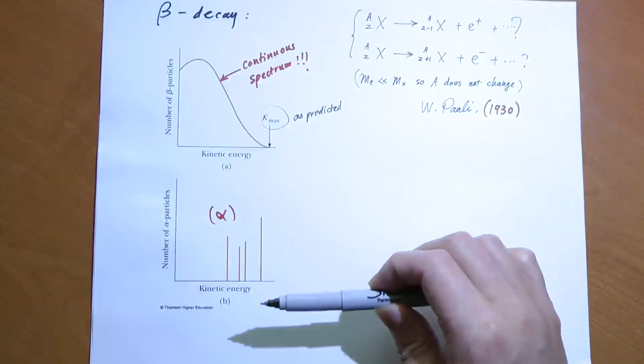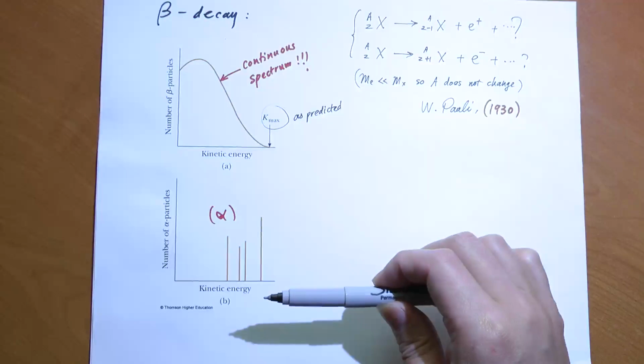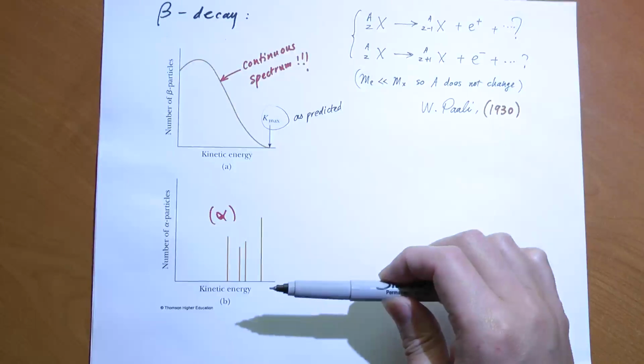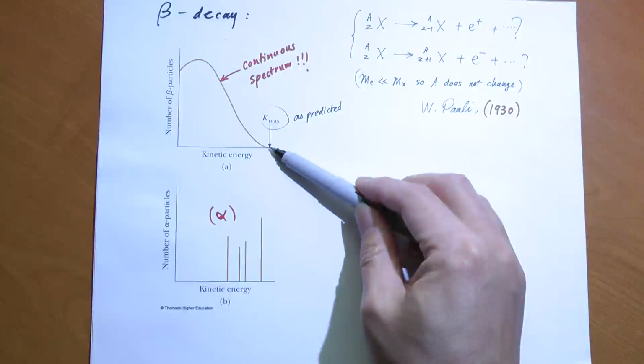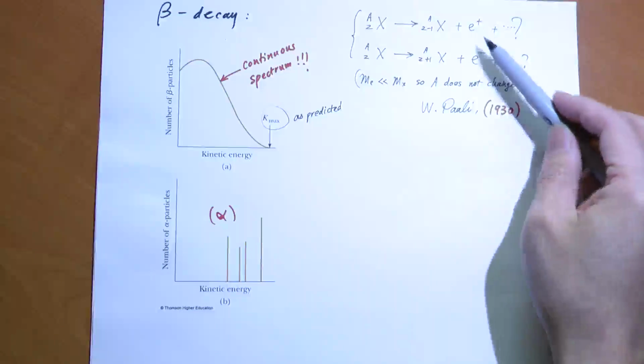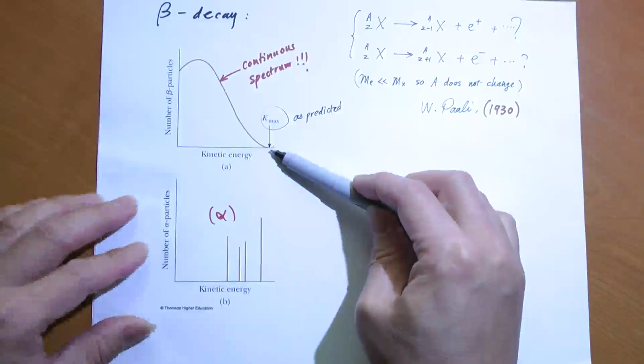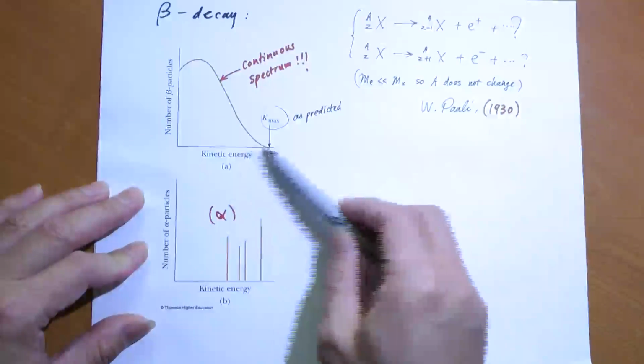You can actually find the kinetic energy of the resulting beta particle, be it electron or positron, and it actually agrees with this number. However, this is not the only value of the kinetic energy that this resulting beta particle can have. This is only its maximum value. Normally, it is lower than that value. It can be anywhere between here and there.